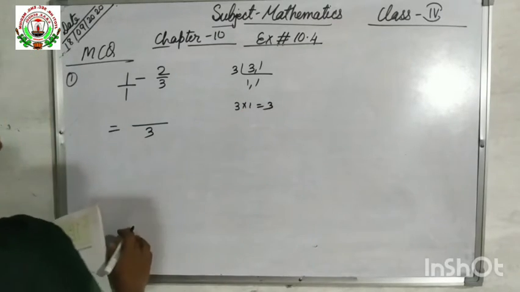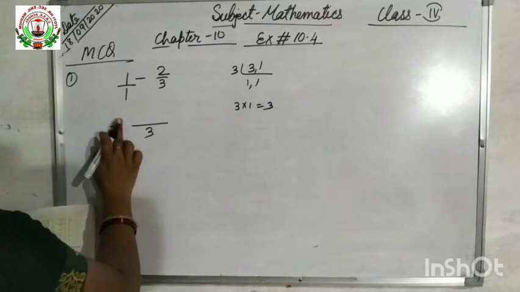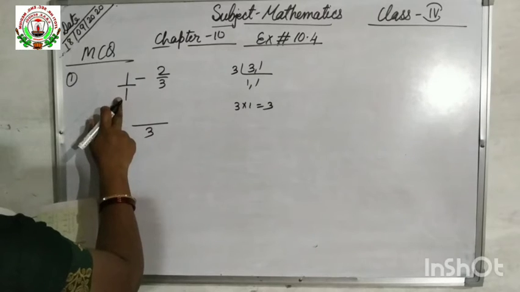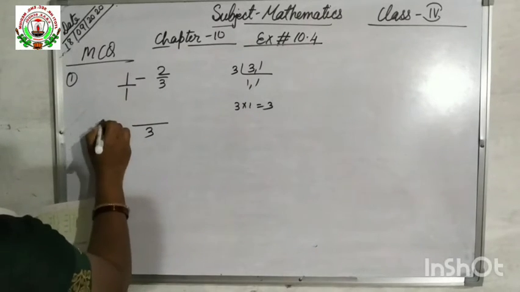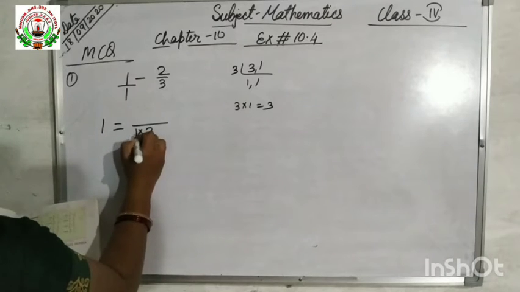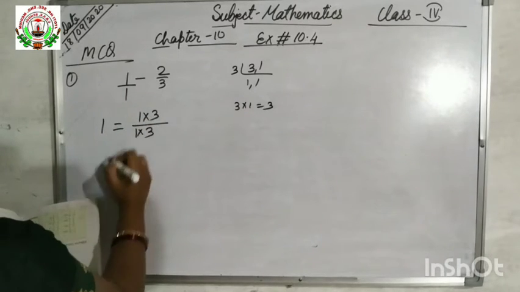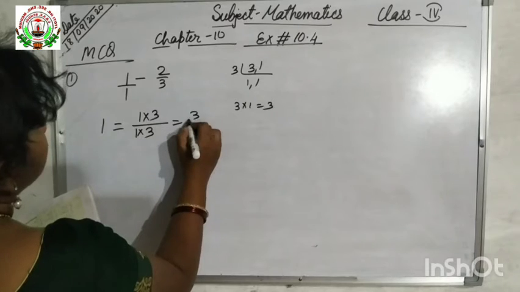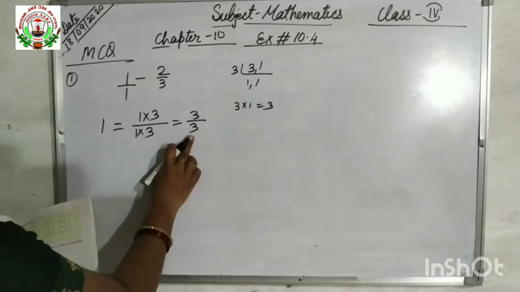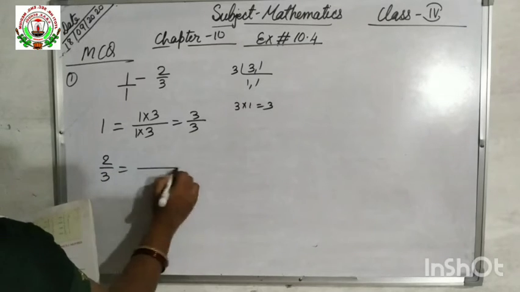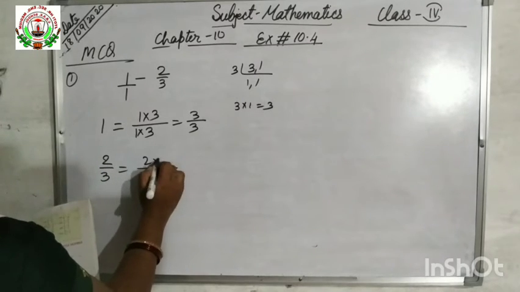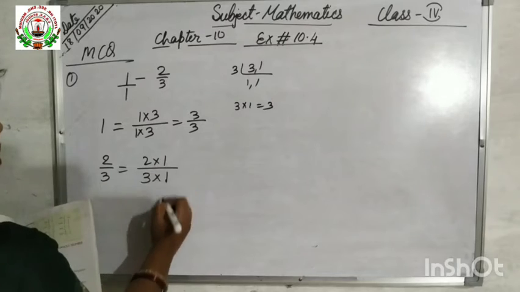So first we will make this fraction with the LCM 3 as denominator. So 1 into 3, 1 into 3. First we make this denominator 3. The second fraction is 2 by 3. Here 3 is already given, so we will multiply by 1.